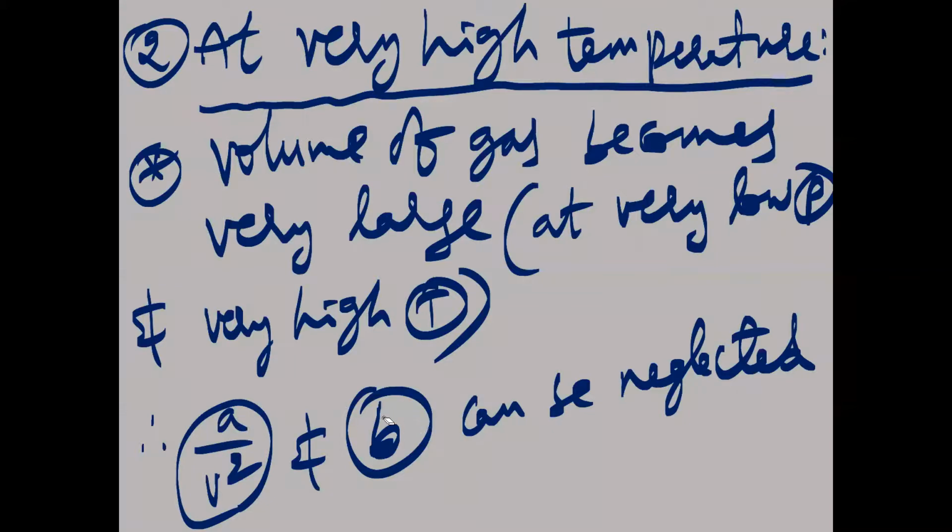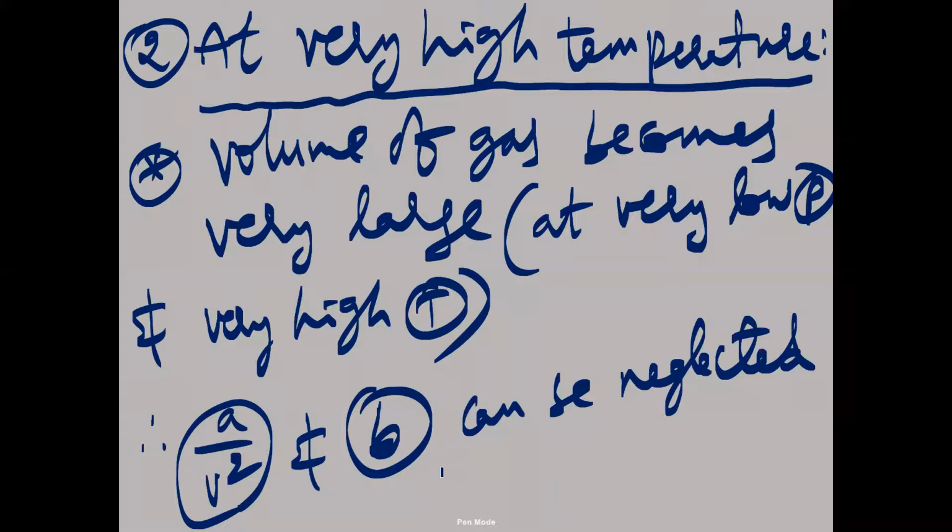At the same time, why have we neglected the b value? b can always be neglected in comparison to a very large volume of gas. In comparison to a very large volume, the molecule volume can be neglected. Therefore, b can always be neglected at very large volume. So the volume correction b is neglected, and the attractive force term a by V square is also neglected.